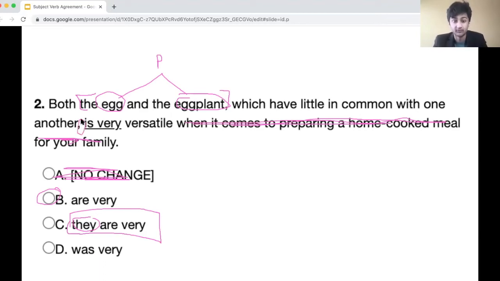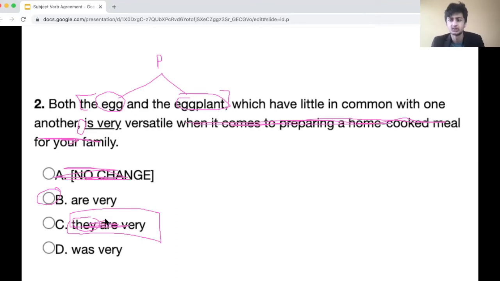You need a period there for there to be, they are very versatile when it comes to preparing a home-cooked meal. Because if you try to say it in one breath, right? Both the egg and the eggplant, which have very little in common with one another, they are very versatile. It becomes lengthy and it becomes awkward to read, making it a run-on. That's why they are and C is going to be wrong.